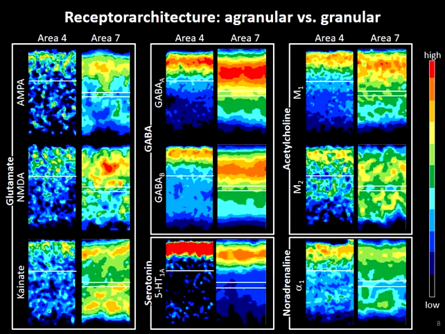We transferred the cytoarchitectonical borders from the previous slide onto these images here. So the white lines in the area 4 autoradiographs depict this interface between layer 3 and layer 5, and the 2 white lines in the area 7 autoradiographs delimit layer 4. Now it's obvious that none of these receptors highlight layer 4, right?